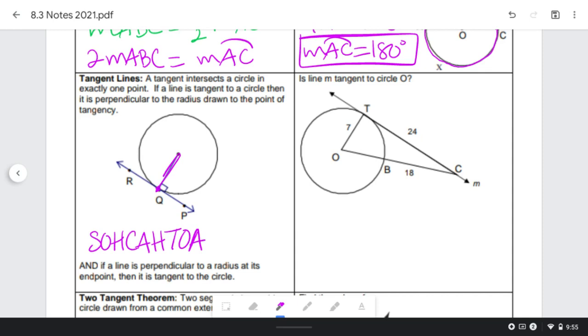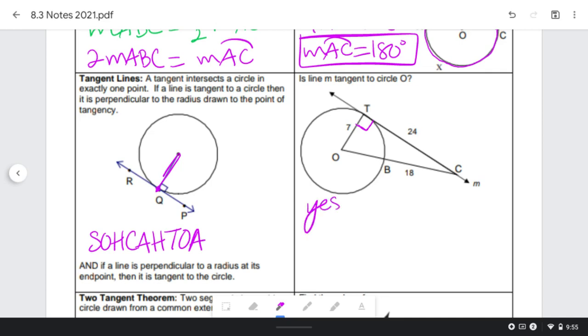So is line M tangent to circle O? So we have to figure out if that's 90 degrees. And it is, because we didn't have to use SOHCAHTOA. Just keep that in mind for other problems. But we know that it's 90 degrees because that's by definition.